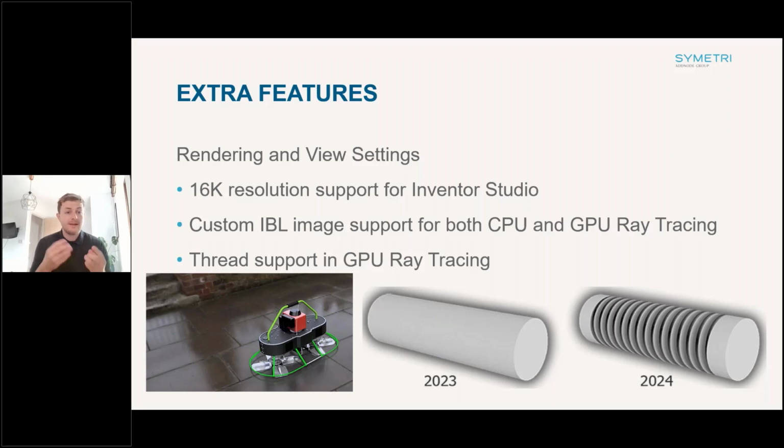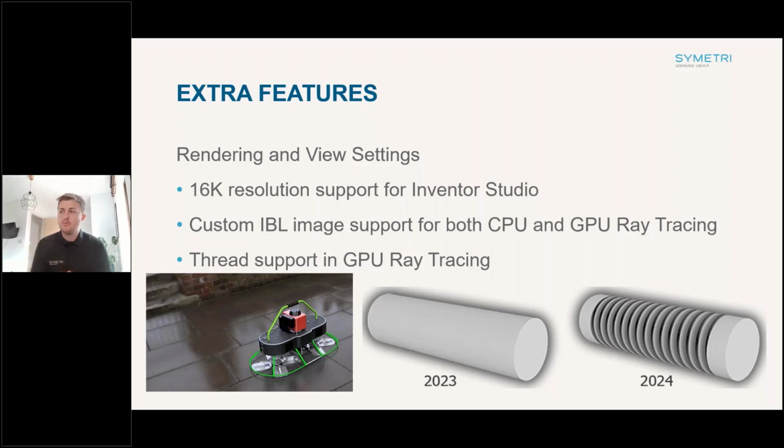Previously, and if you're aware, there's a view option in Inventor where you can put your file into a specific scene, and it will use all of the lighting based on that scene in the ray tracing environment. If you do have an HDR or an EXR image, you can now create your own background. So you could import an image or a scene that's more relevant to your industry. Also, for the CPU and GPU ray tracing, it will now include the background when you're actually creating your rendered or ray trace components.